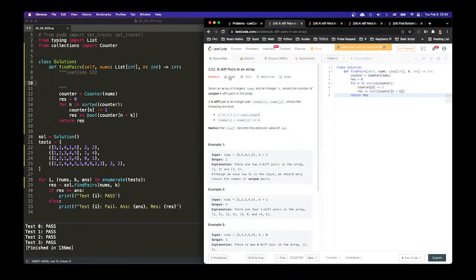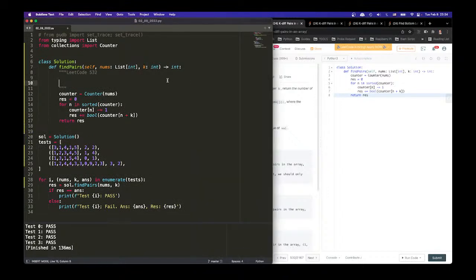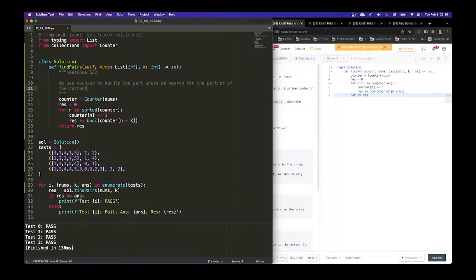All right, so we use counter to handle the part where we search for the partner of the current number under consideration.